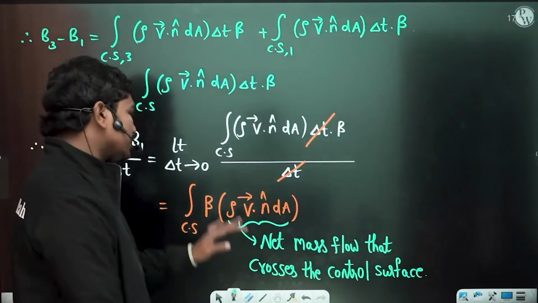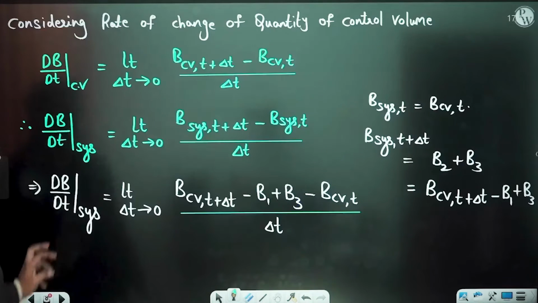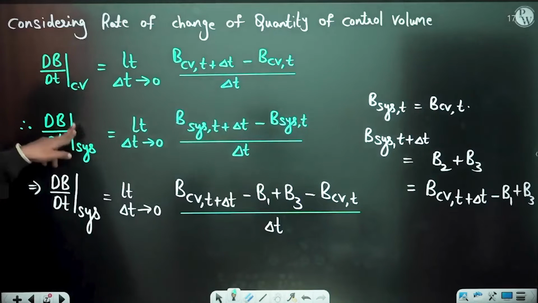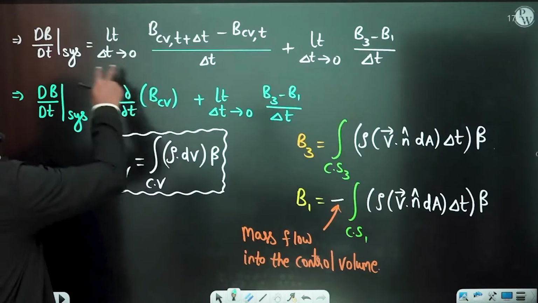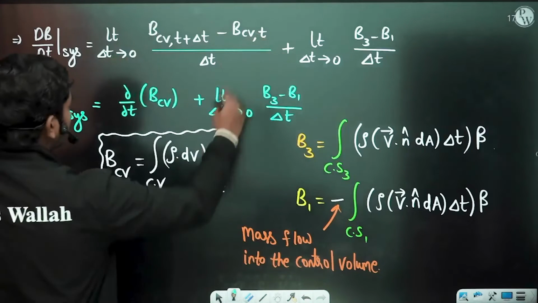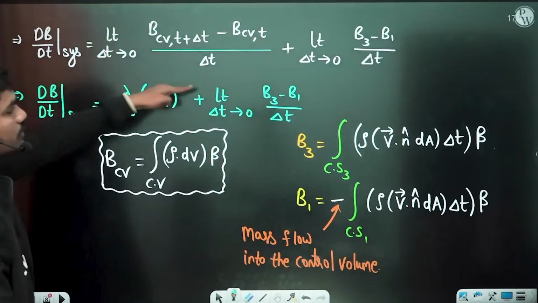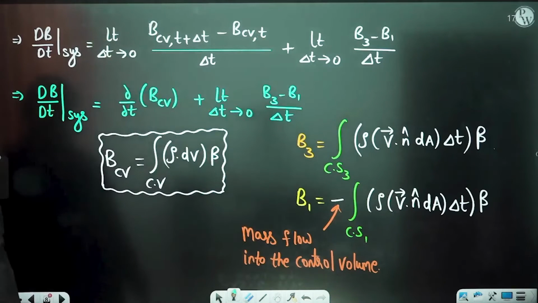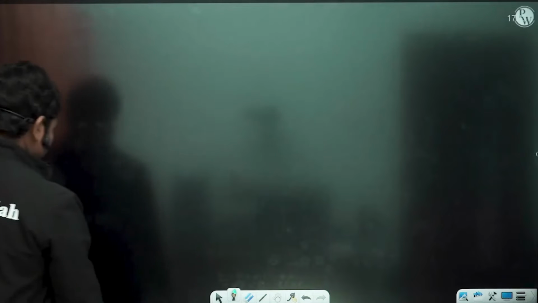Now if you see this equation which we started here, dB by dt of the system, which is split into two limits. For the first limit we got the answer, and for the second limit we found the answer.